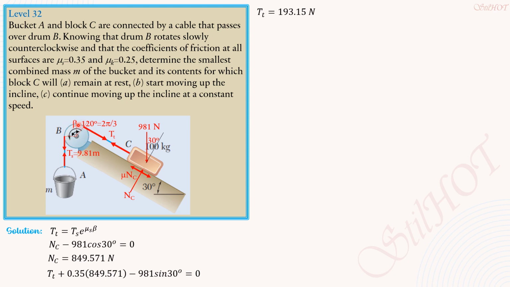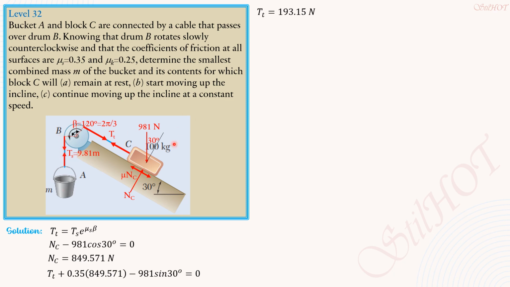imagine that there is slipping, or the belt slides when the drum is rotated, but that is just enough to maintain equilibrium of the right side and the left side, or tight side and the slack side. So the coefficient of friction to be used in this relationship here is 0.25, because if there's no slipping here, then this crate here will start to move up, as well as this one.